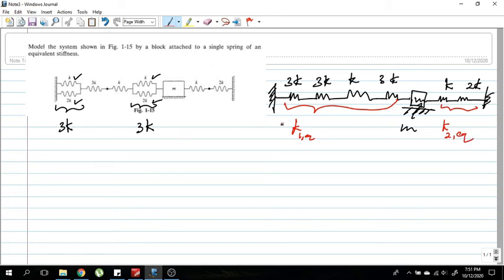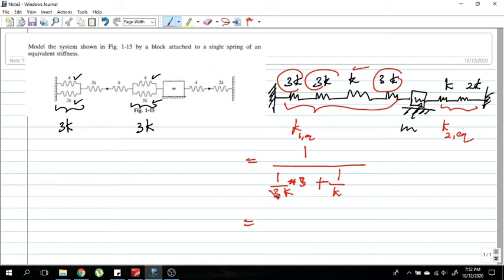So K1 equivalent would be 1 over (1 over 3k, and as you can see there are 3 springs having a stiffness of 3k, so we can simply multiply this by 3, and this guy 1 over k).